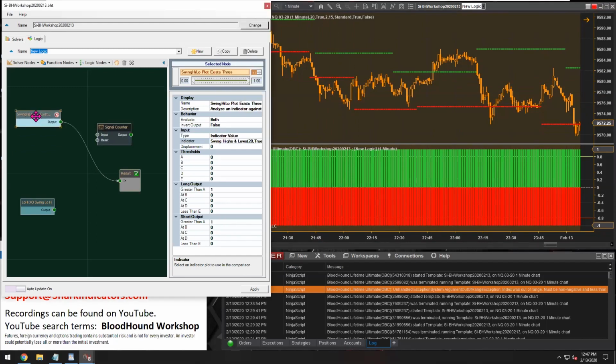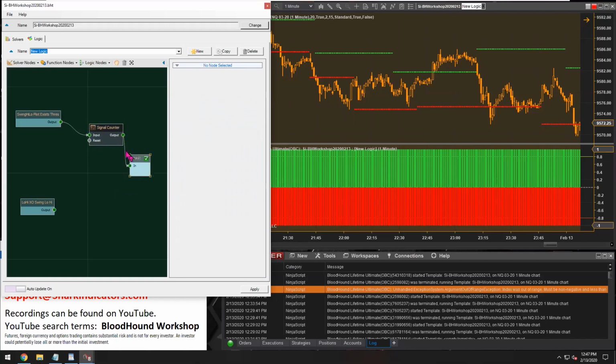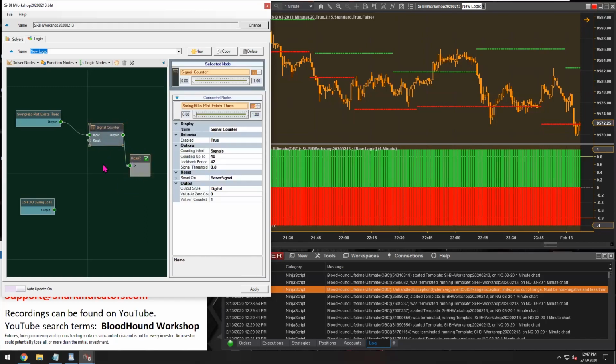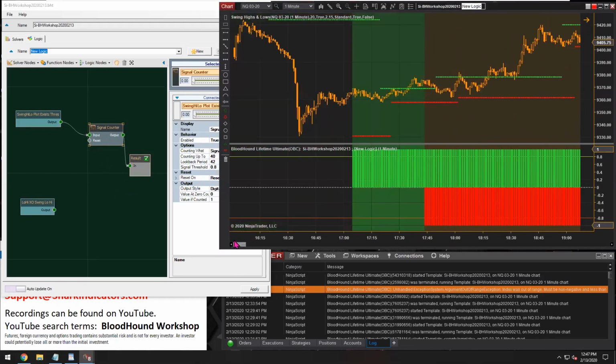All right, so we can now plug that into the signal counter. Like so. And when we look at the signal counter, let's go all the way back to the beginning of the chart here.